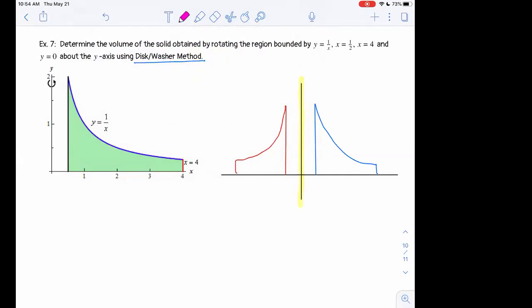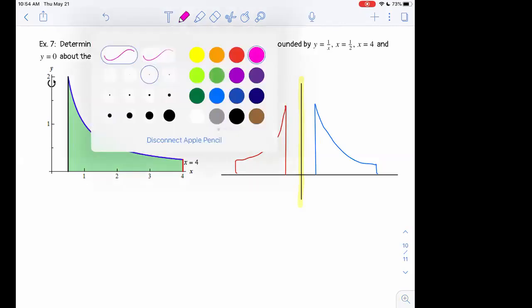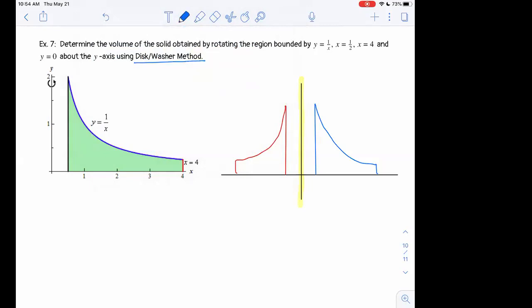All right, so we've got a diagram here, and I'm going to add in some of the coordinates of the points. For example, this point up here has an x value of 1/2 and a y value of 2.